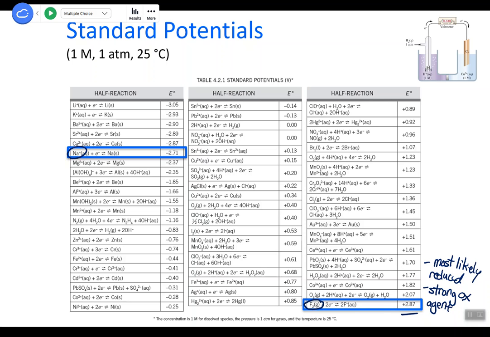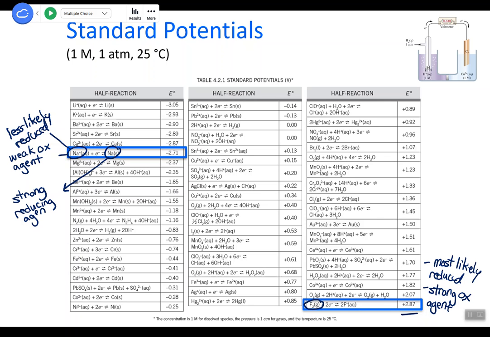In contrast, sodium plus is less likely to be reduced, which means sodium is actually a strong reducing agent. So we need to be able to compare these values and know which one is strong and which one is weak. So take some time to play with this table and think about what this means.